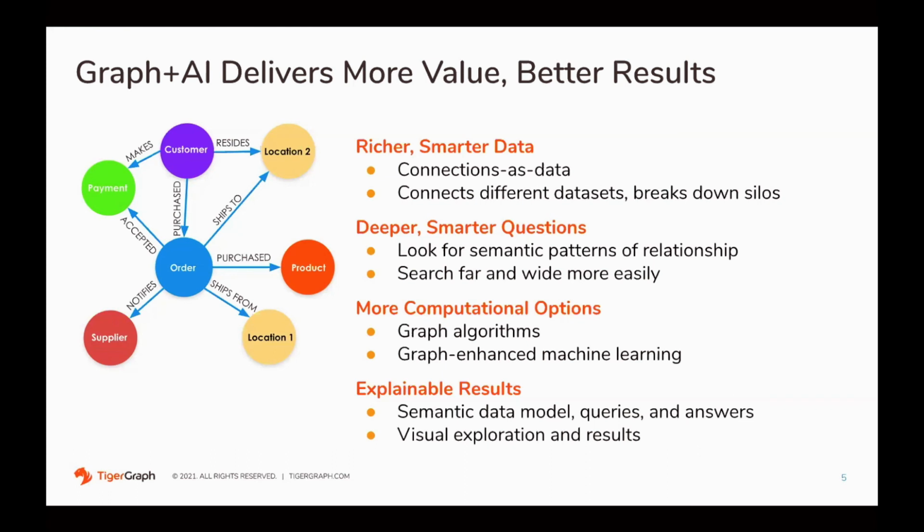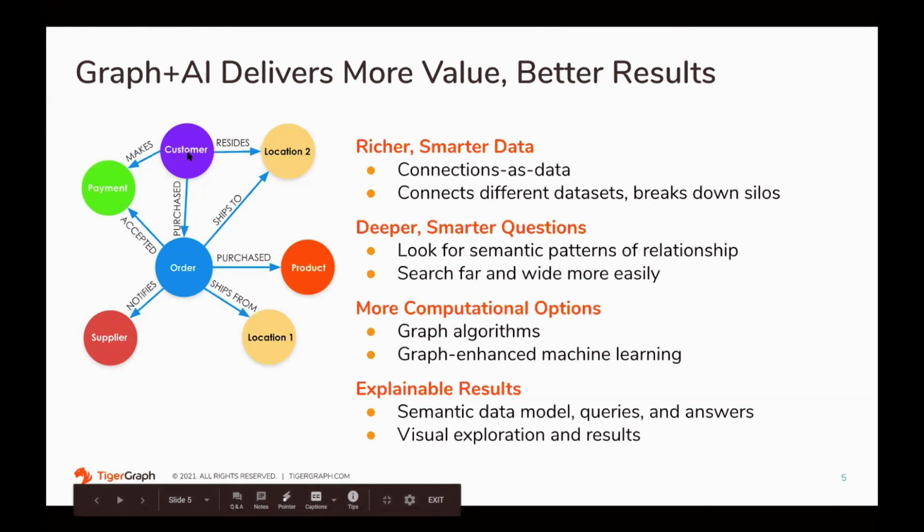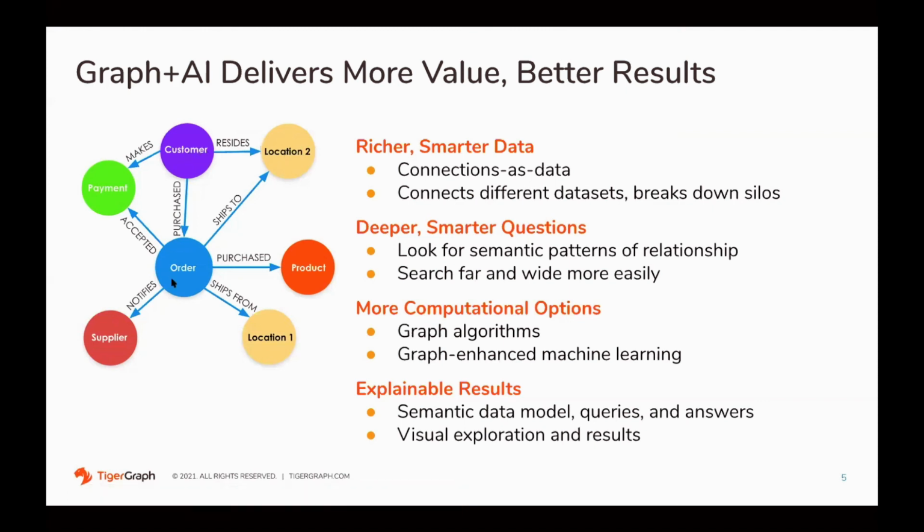to another. You can then ask deeper and smarter questions because you can have semantic types of relationships, such as a customer resides at a location, a customer purchased an order. Again, you might expect these type of things in other databases, but realize how unlimited you are in setting up as many relations.